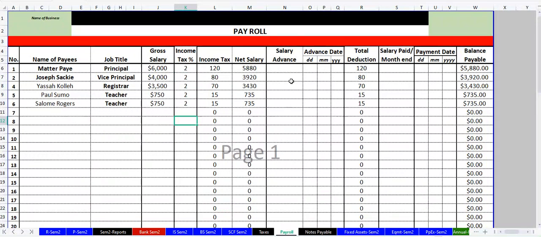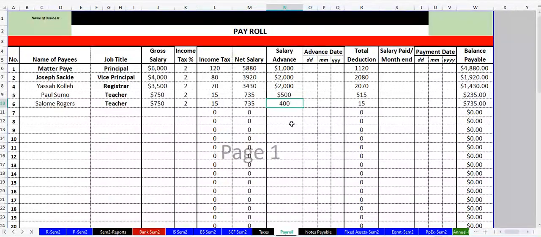Salary advance. This time around, we get 1,000. The principal took 1,000 of her money, and this one was something like 2,500, 400.